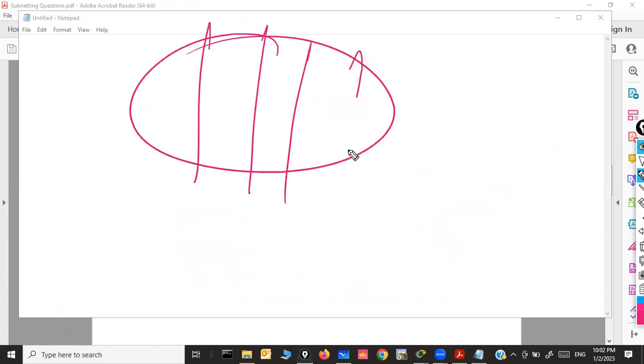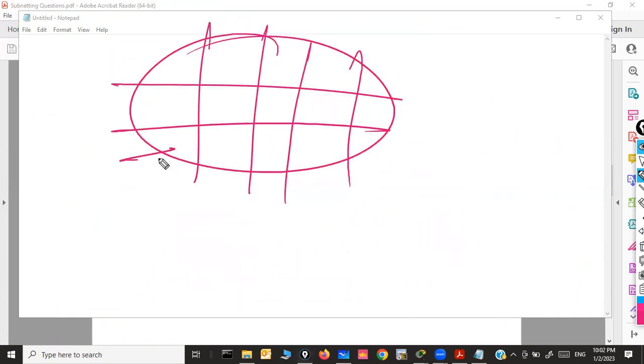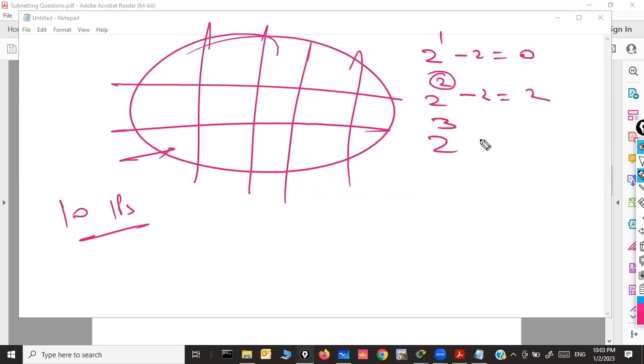So if I have been asked to divide this network into very small networks, and my requirement is that each small network should have 10 IPs: if I take only 1 bit for the host, then technically 0 hosts. If I leave 2 host bits, then 2 IPs. If I take 3, so 6. If I take 4, then 14. Where is 10?